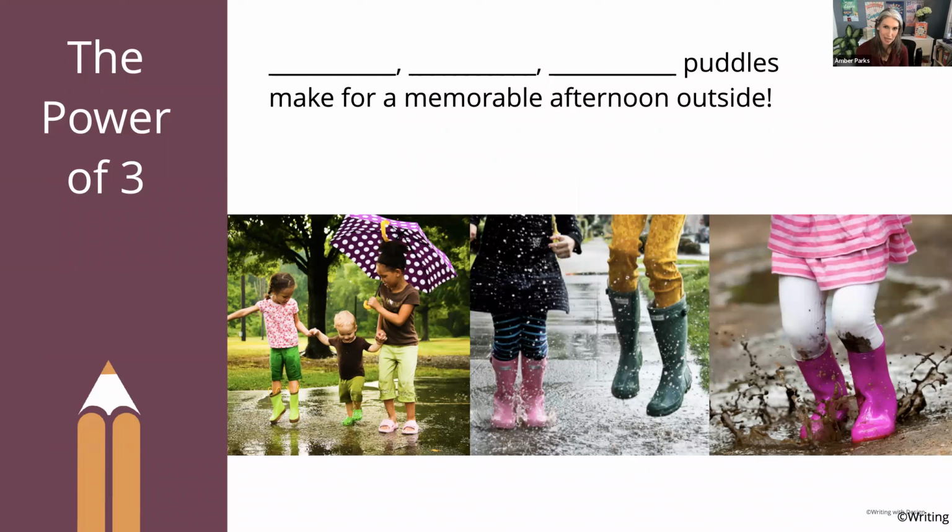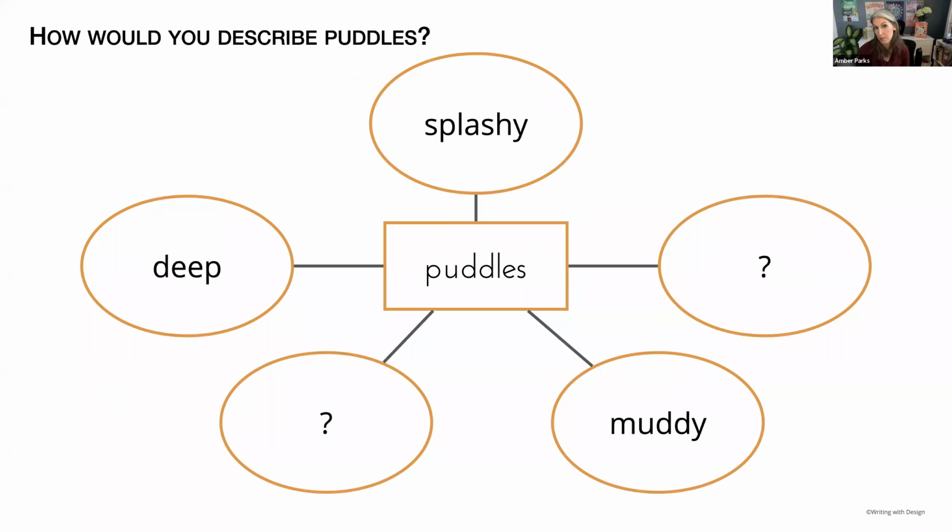We can try this: blank, blank, blank puddles make for a memorable afternoon outside. So how could we describe these puddles? We've got 3 great pictures here of very excited kids jumping in puddles, and we can think about adjectives to describe them. So I'm definitely seeing muddy and deep, or fresh, right? So let's see what comes up. Deep, splashy. Oh yeah, splashy puddles for sure.